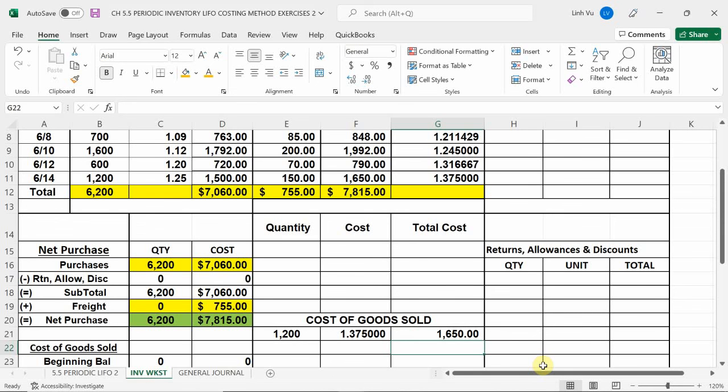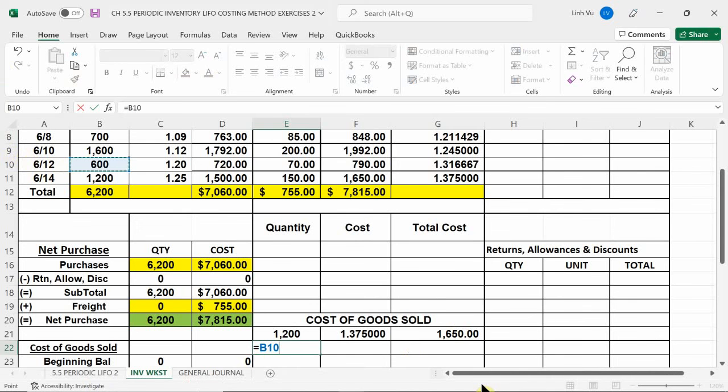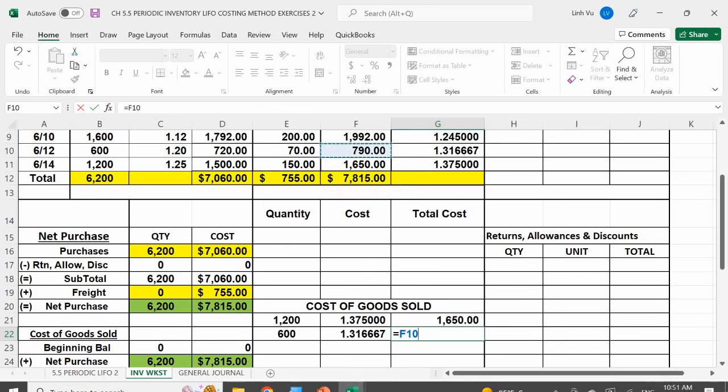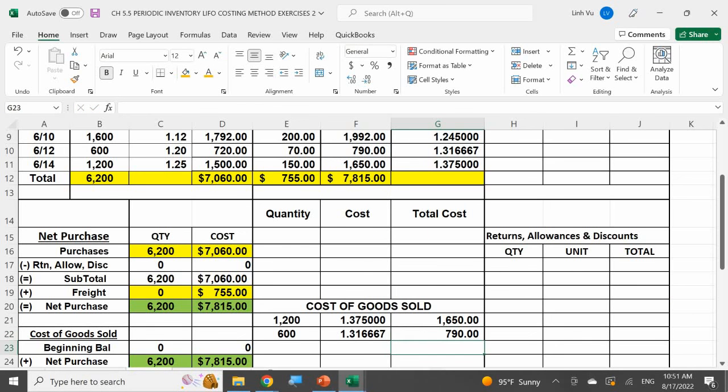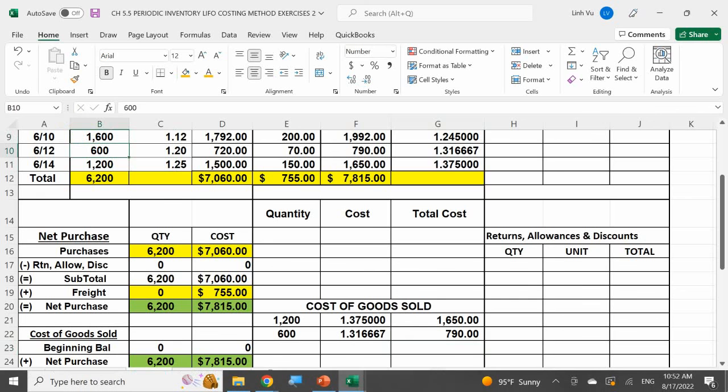Now that I eliminated my first batch of 1200, which batch am I going to sell from next? The 12 for 600. Okay. Which is going to cost me 790. So I eliminated 1,800 units. I have a long way to go. So which batch of inventory am I going to sell from next? 610. The 1,600.